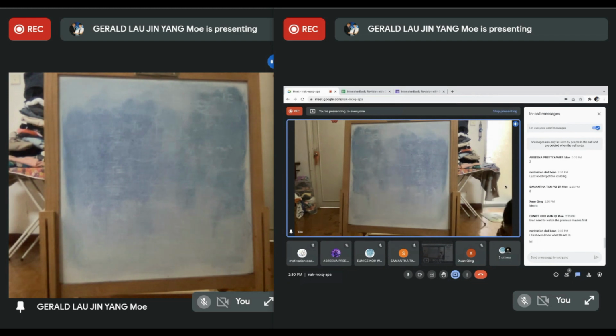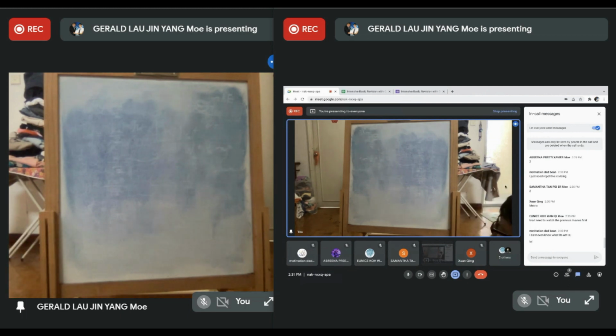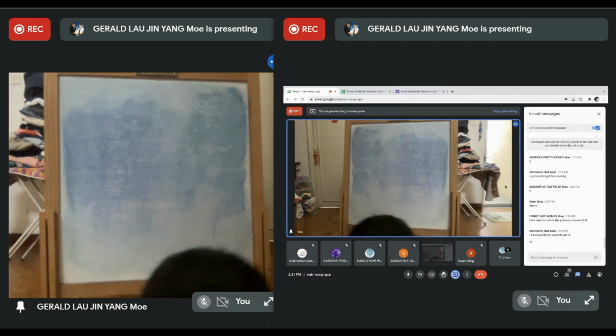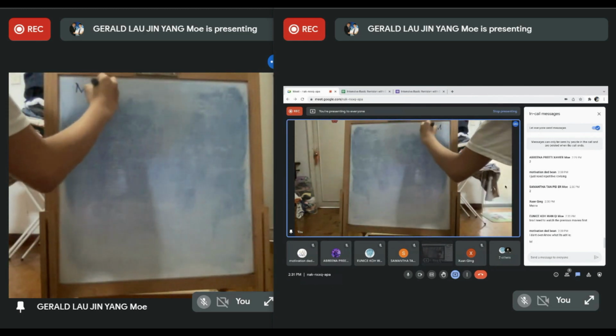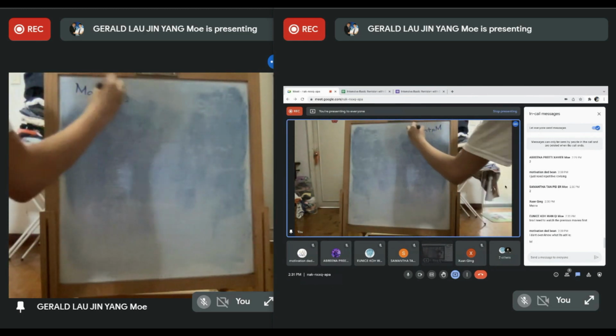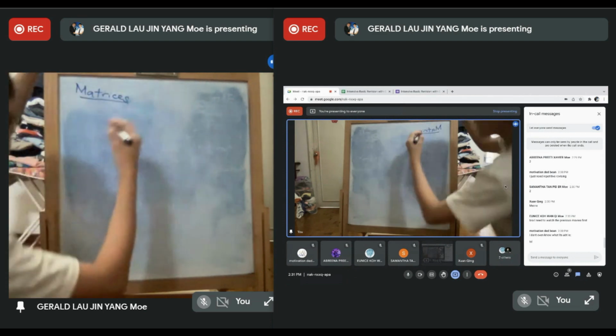Okay, so basically what Matrix is, not the movie, now we refer to maths. Matrix is when you have an array of things. Okay, what is an array? Matrices is the plural form, okay? Matrix is singular. So matrices means you have an array.